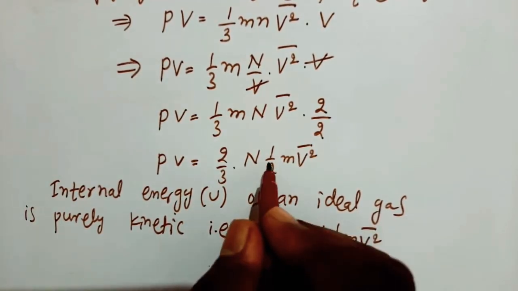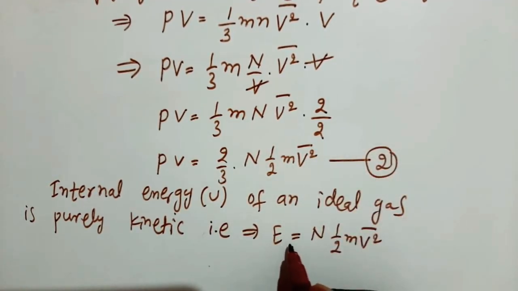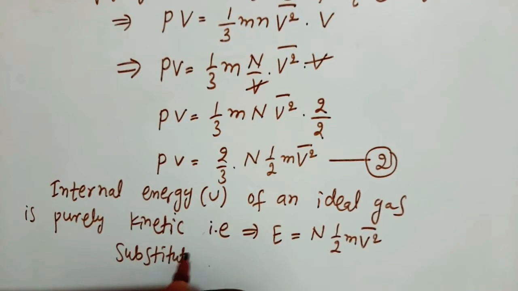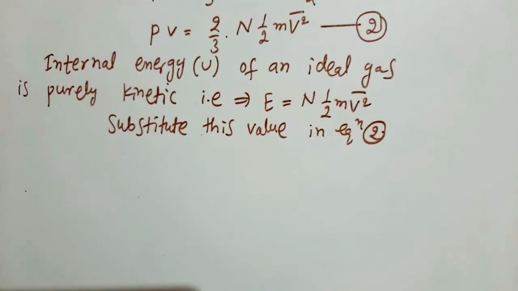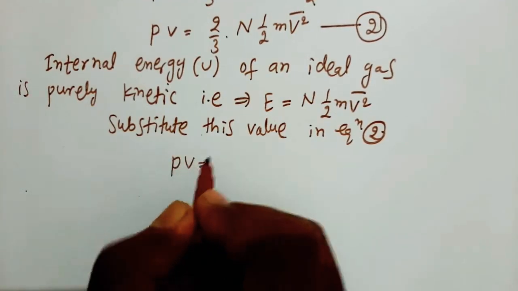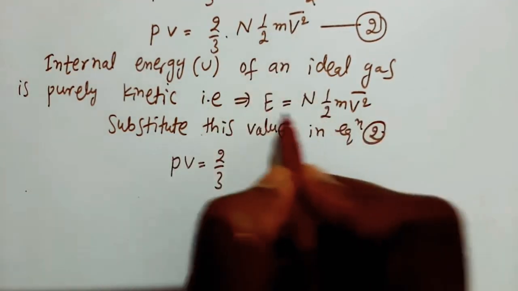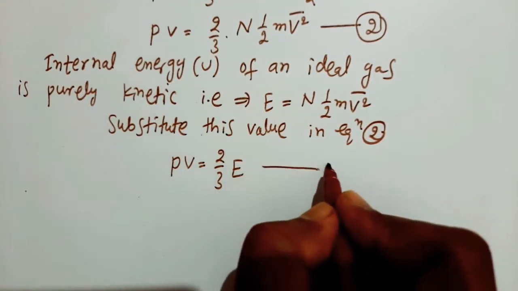Substitute this value in this equation. Let us take this as the second equation. Substitute this value in equation 2, we can get PV = 2/3, here N into 1/2 mv² bar is equal to E. So that is PV = 2/3 E. Let us take this as the third equation.